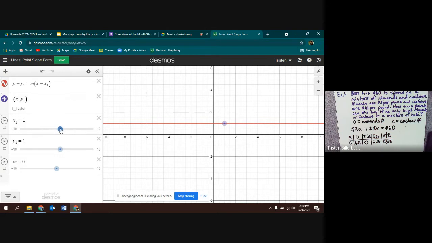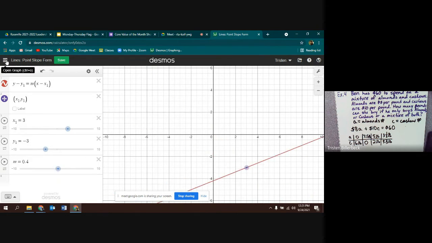So if I change this point over here to 3, negative 3, and then I change my slope from 0, everything rotates from that point. That's why we pick the point first, and then we draw the line from that. So that's the difference of point slope: you pick the point, and then you draw a slope from that point.